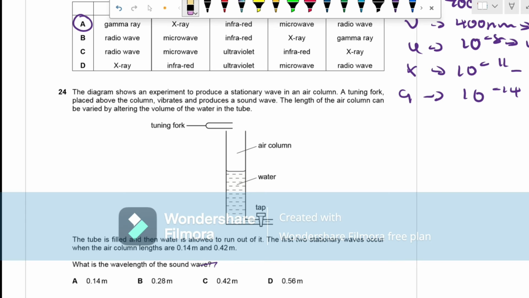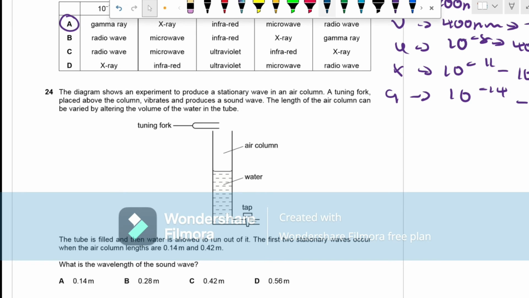Okay, so I'm going to copy this diagram. Look at the first wave. The first stationary wave is going to come like this. Sorry, it's pretty hard to draw it. Let's see. It's going to come like this, like so, then like so.